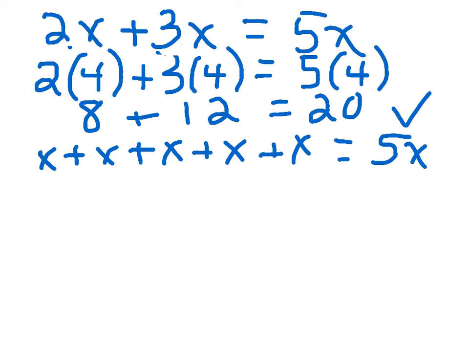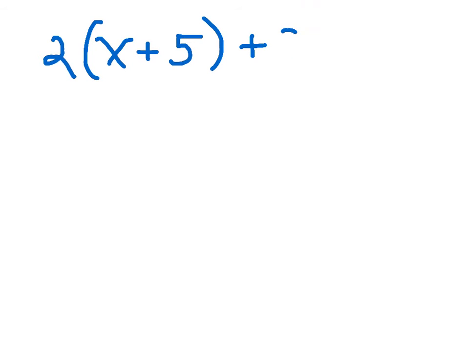Sometimes we have problems that involve both like terms and parentheses. So let's take a look at what that is like. Say I have a problem that says 2 times x plus 5 plus 3x.